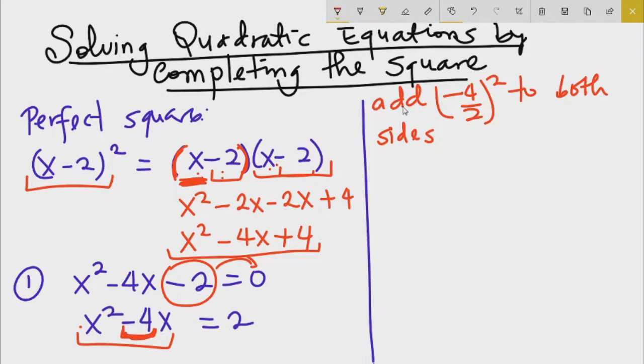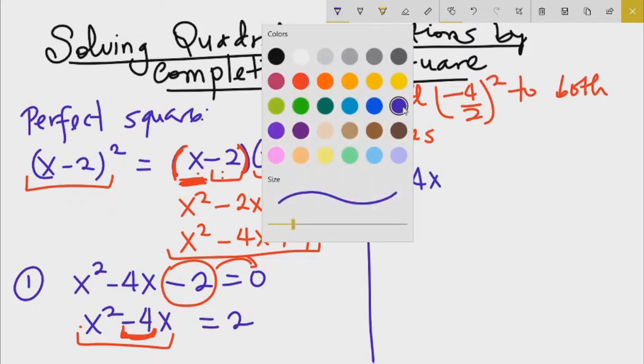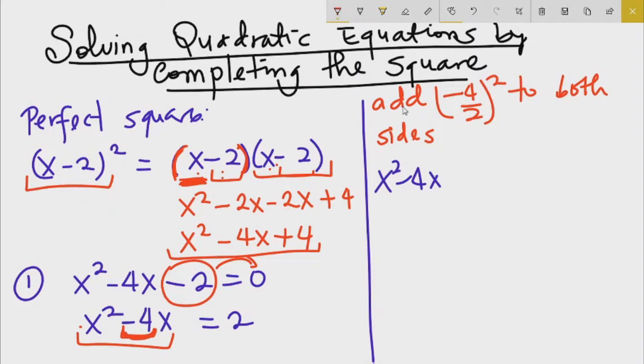So if I want to add that to both sides, this will become x² - 4x + (-2)², okay? As you know already, -4 divided by 2 will be -2, squared. So we want to add that.